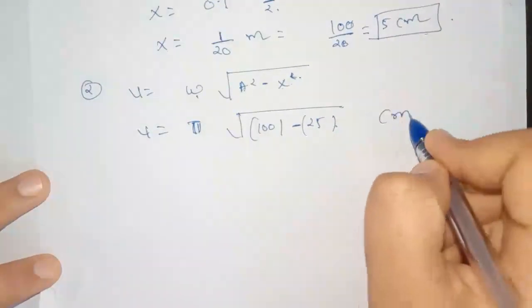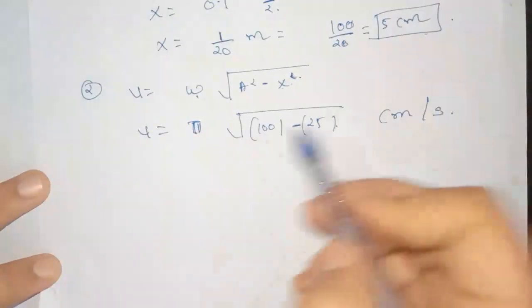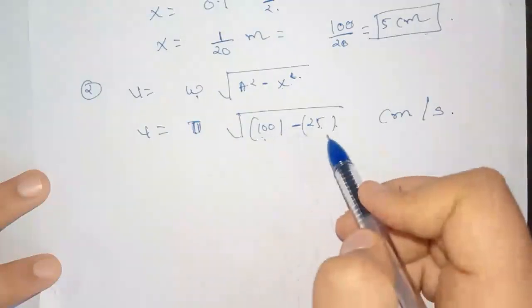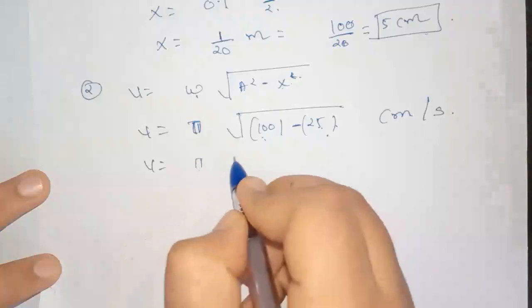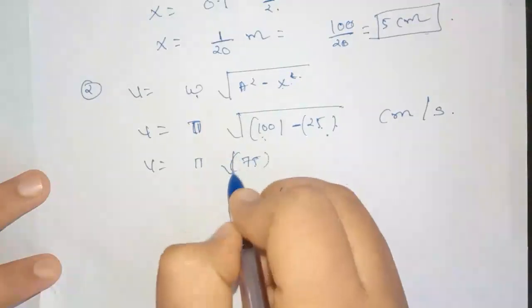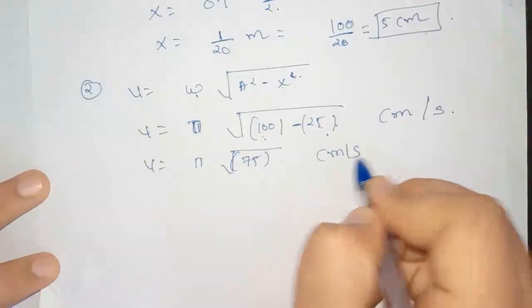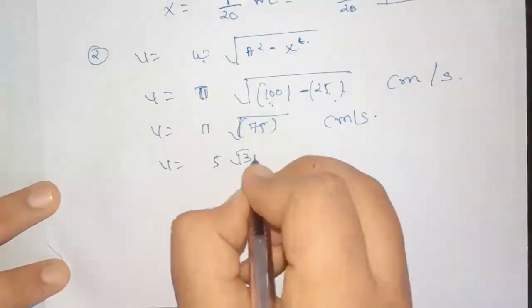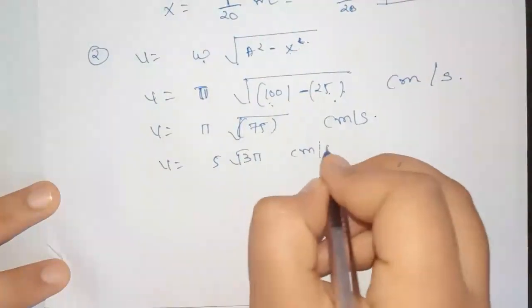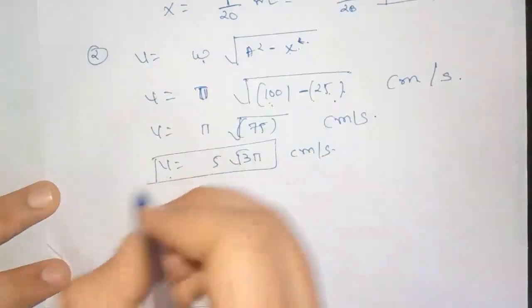But this answer will be in centimeter per second, as we have taken amplitude and position in centimeter. So v will be pi into root 75 centimeter per second. So velocity will be 5 root 3 pi centimeter per second.